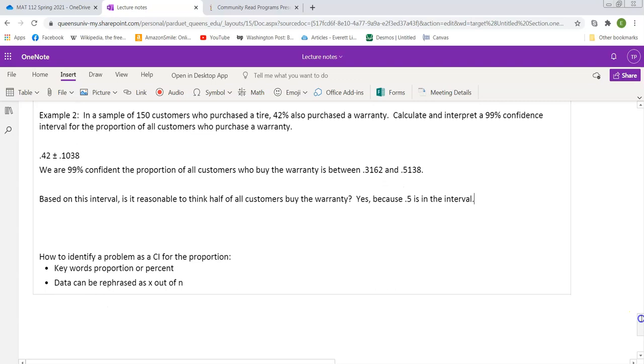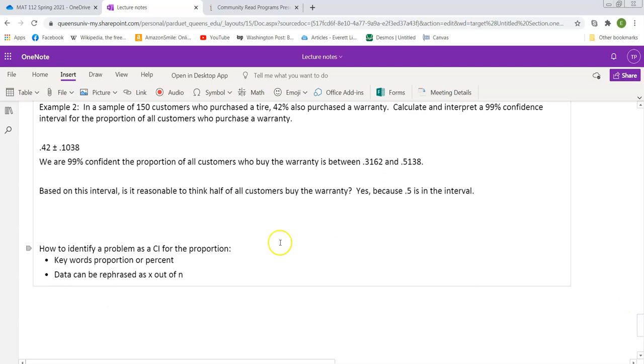This is, I think, a pretty easy section. Before we leave it, though, I want to mention, how do you identify a problem as a confidence interval for a proportion? So when you read a problem, how do you know it's this kind of confidence interval and not one of the other ones we've done? Well, to start with, a lot of times it'll just flat out use the word proportion or percent.